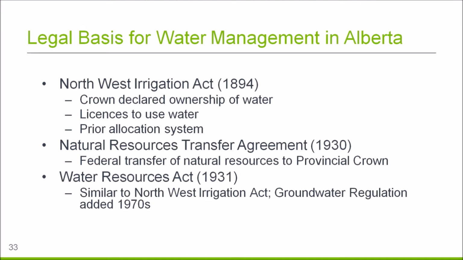In 1930, the federal government transferred the natural resources to the provincial crown, and then in 1931 we have the Water Resources Act, which is similar to the Northwest Irrigation Act. Again, we have to apply for a license for water use, and it's first come first serve.